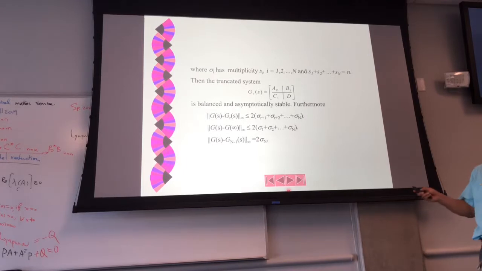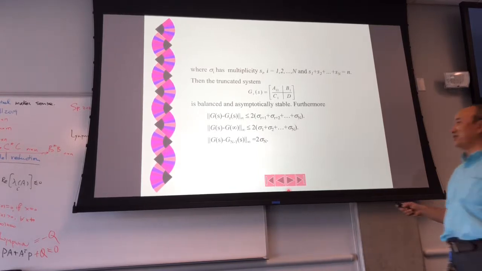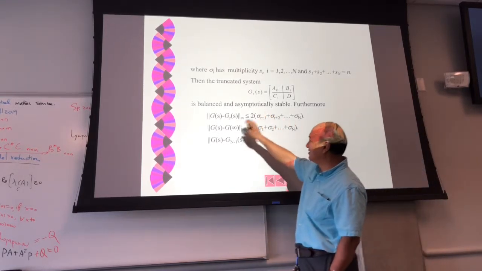It doesn't matter, we have multiplicities for each sigma i. I know this multiplicity added together is n, not a problem. So the reduced model is kept like this. It's still balanced and asymptotically stable. And these are the most useful ones. I love this one.